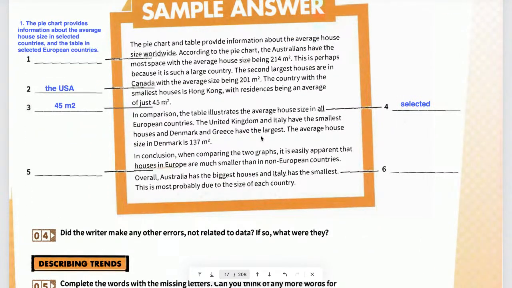The United Kingdom and Italy have the smallest houses, and Denmark and Greece have the largest. The average house size in Denmark is 137 square meter. In conclusion, when comparing the two graphs, it is easily apparent that houses in Europe are much smaller than in non-European countries.